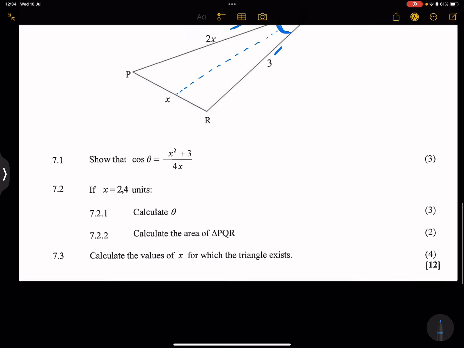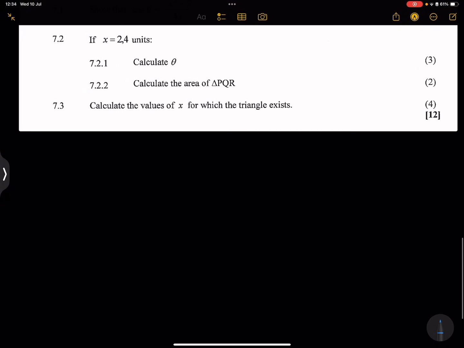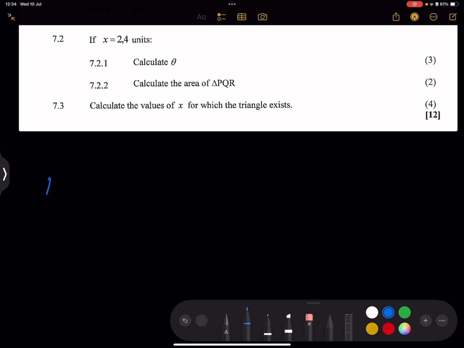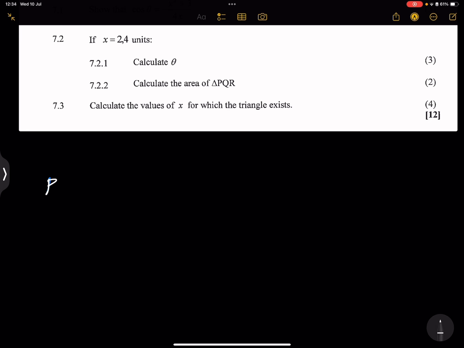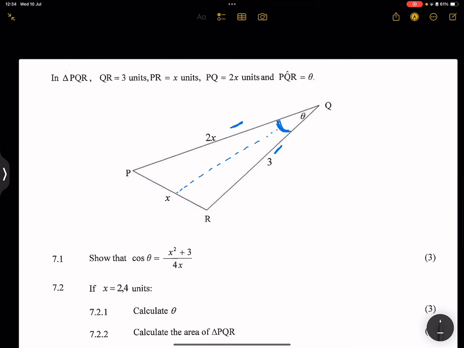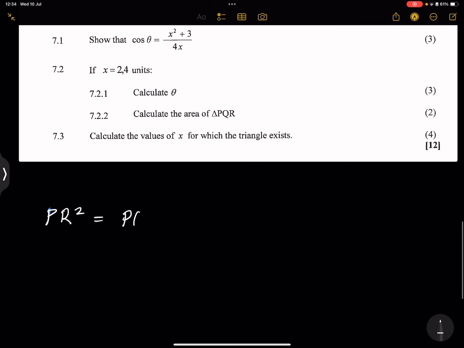So I am going to say PR squared is equal to the other two sides, PQ squared plus QR squared, minus 2 times.